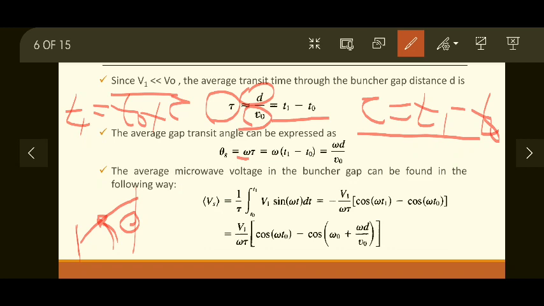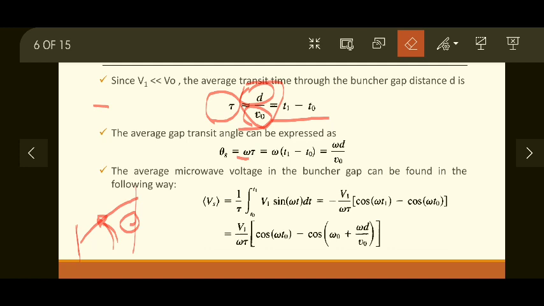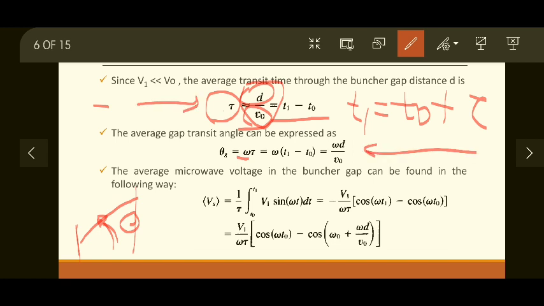So omega into tau is equal to omega into t1 minus t0. But t1 minus t0 is nothing but d upon v0. I will rub this out and rewrite the equation. t1 is equal to t0 plus tau. This equation has come from this relation. So the gap angle is equal to omega d upon small v0.